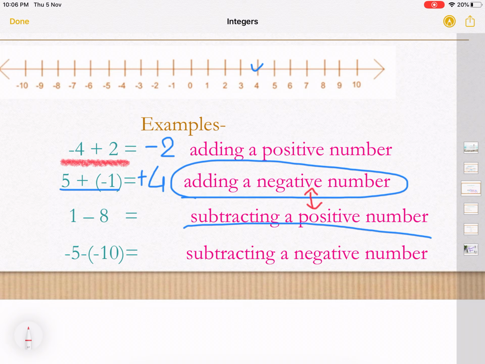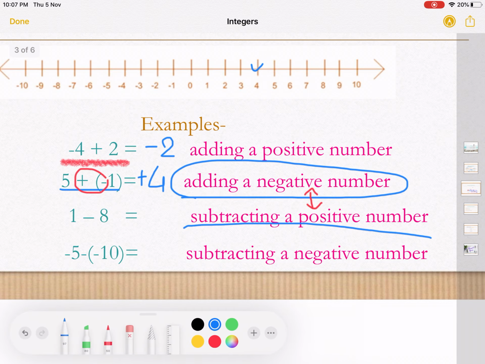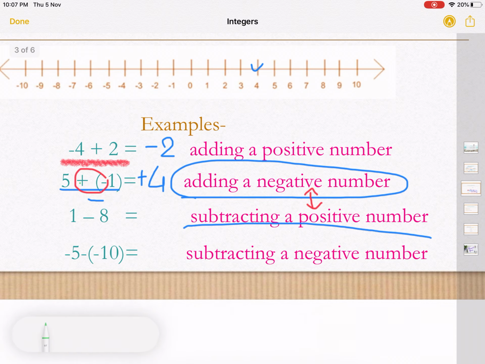Well, they are, because when minus and plus signs come together, they make the minus sign. You can say that this plus sign vanishes from here. So, our sum would actually be 5 minus 1, which is same as subtracting a positive number.